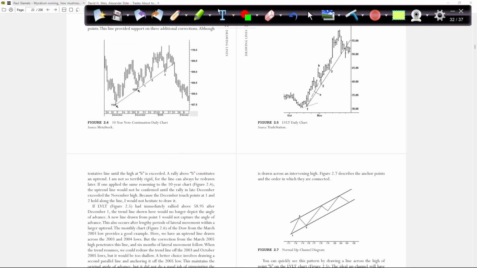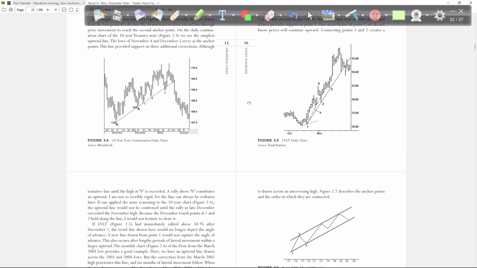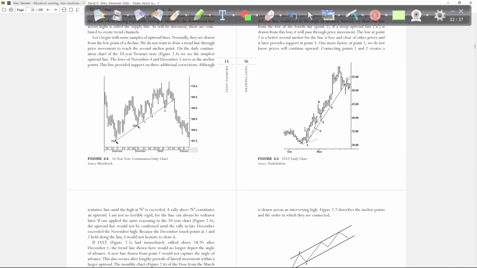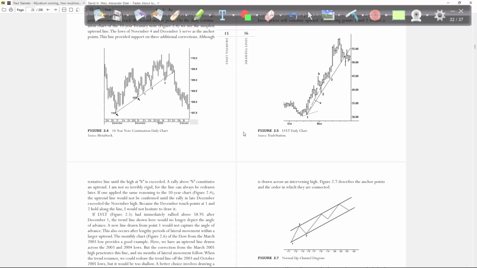A rally above B. So connecting points 1 and 2 creates a tentative line until the high at B is exceeded.